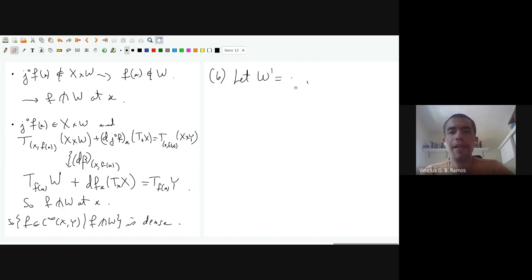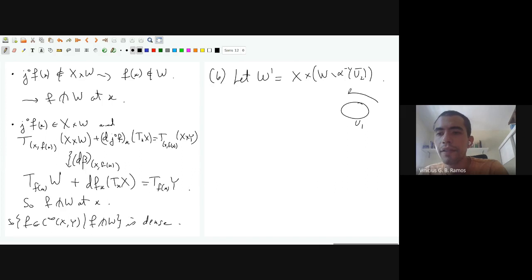Well, let me write down what I have on my notes. I have x times w minus alpha inverse of u2 bar. Now this is kind of confusing, but I have u1, I have u2.